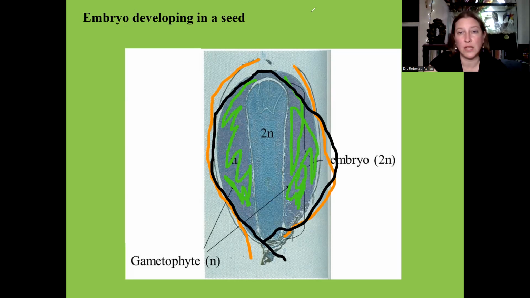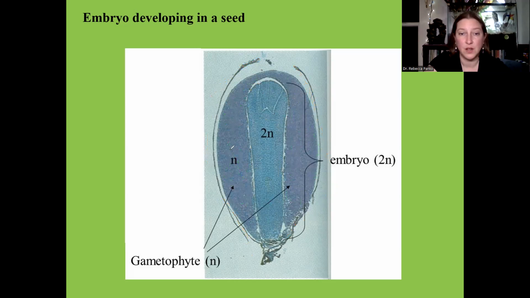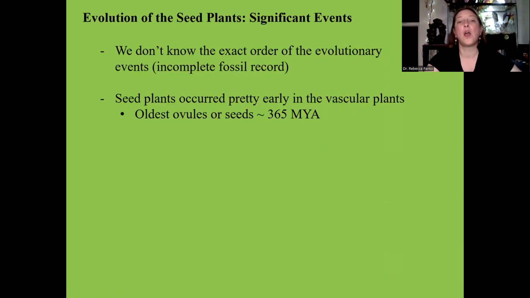But most importantly, what's in the middle, this whole area here, is the new embryo. Notice it's diploid, because it's the result of egg and sperm. Notice the gametophyte is still haploid.